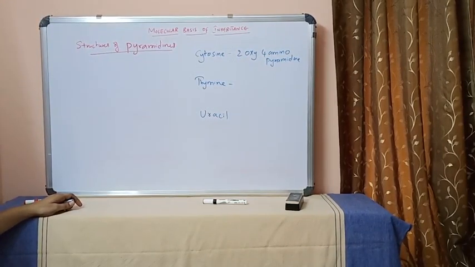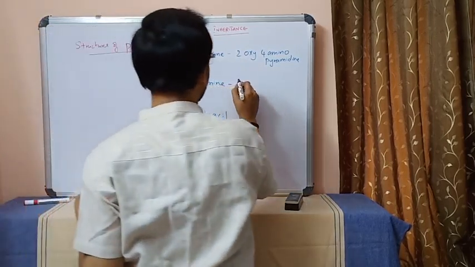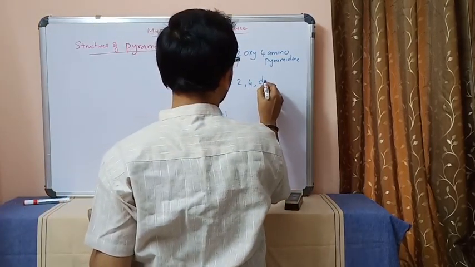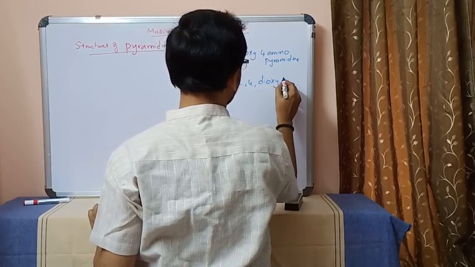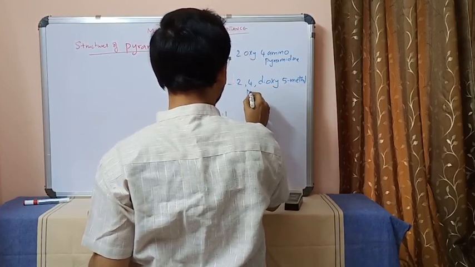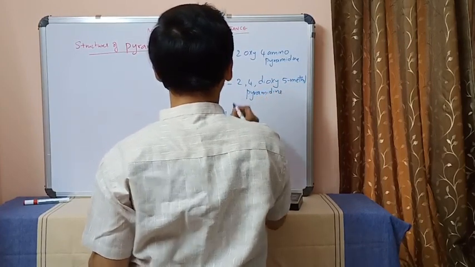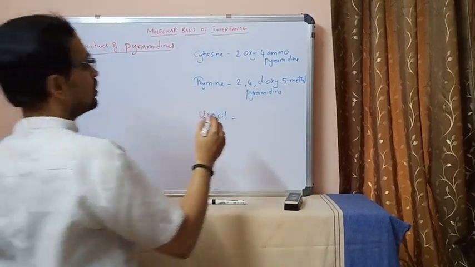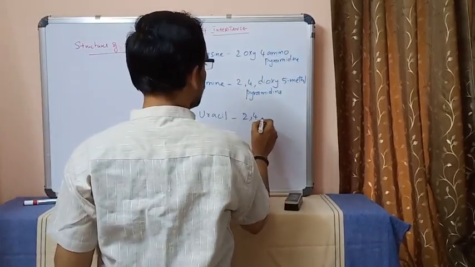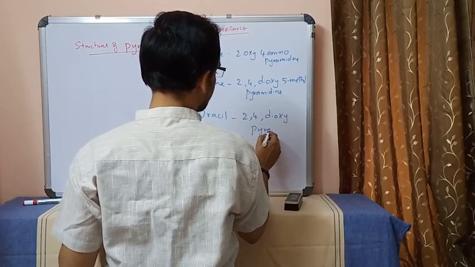The chemical name of the thiamine is 2,4-dioxy-5-methyl pyrimidine. And the chemical name of uracil is 2,4-dioxy-pyrimidine.